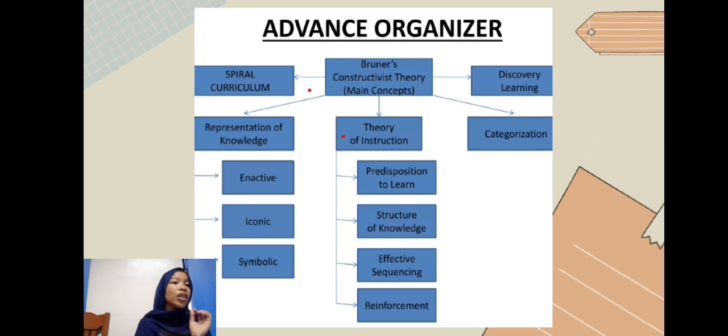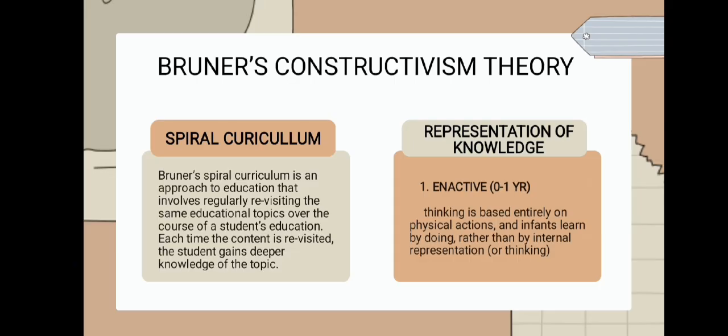In the theory of instruction, we have the predisposition to learn, structure of knowledge, effective sequencing, and also reinforcement. Categorization we will also discuss later on. We will discuss first the spiral curriculum.